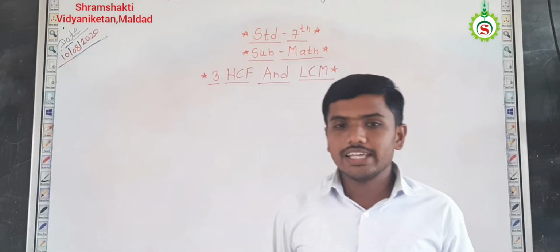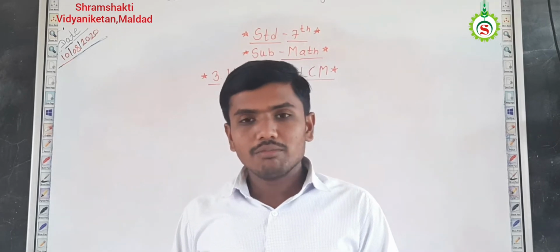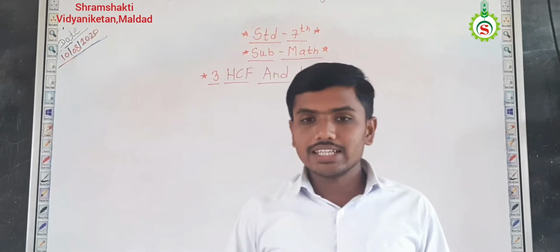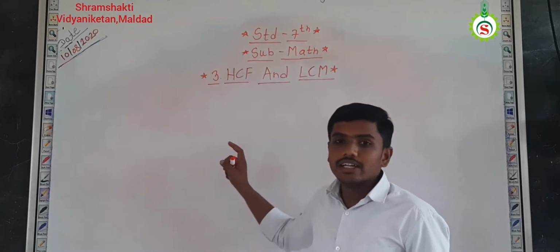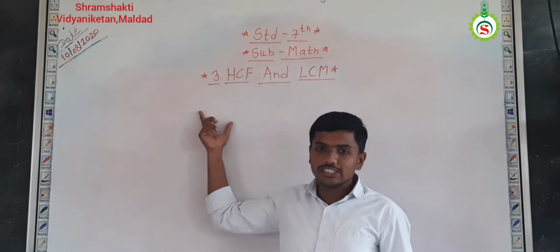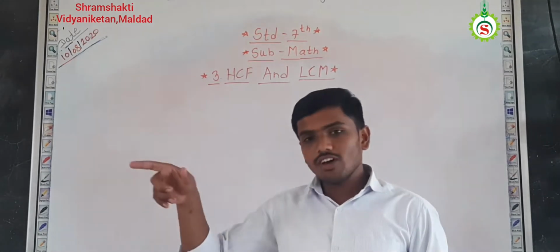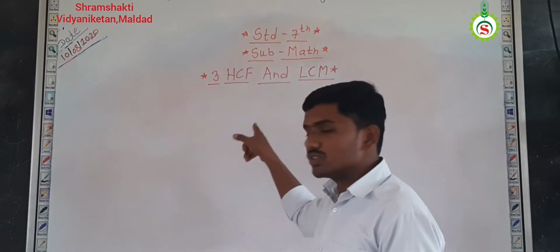If the question is like that, find the HCF of, suppose, 6 and 12 by division method, at that time you have to use only division method. That means if the question mentions a particular factorization or division method, then you have to use that method.